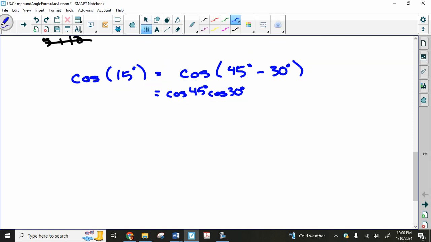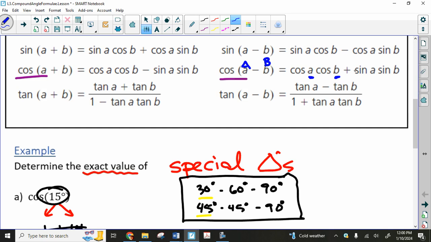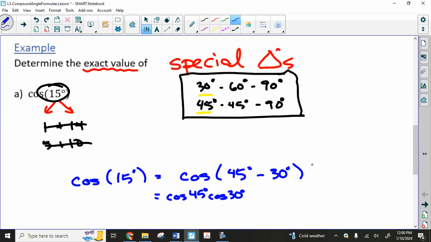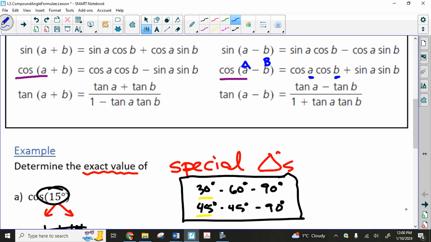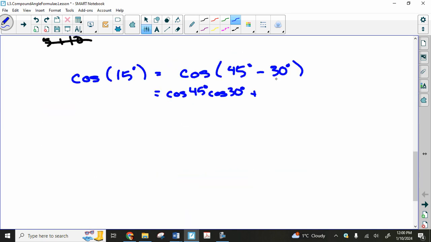Wait a second, it's a plus in between. Plus, and then it's sine A, sine B. Sine of A times sine of B.